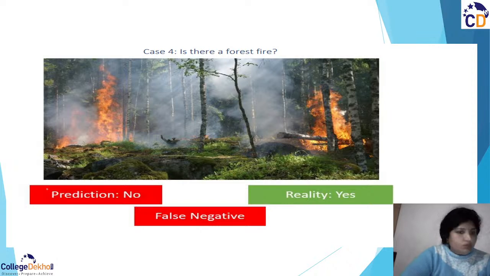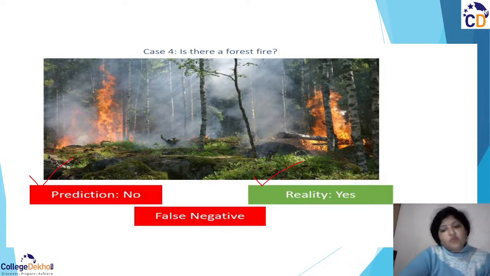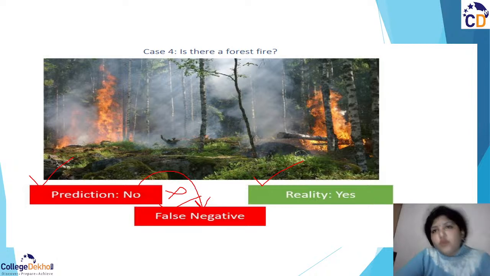Prediction was no, there is no forest fire. But in reality, yes, there was a forest fire. Does the result match? No, the result does not match. So we have the false condition. Whatever the value of prediction, no means negative. So we get the condition false negative.